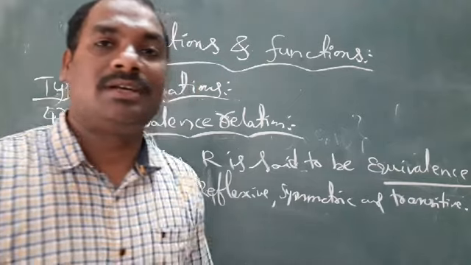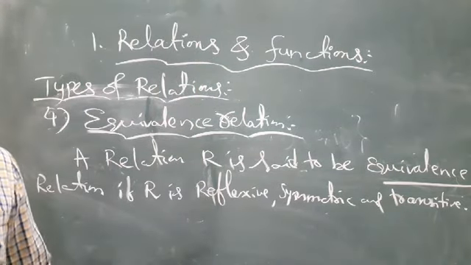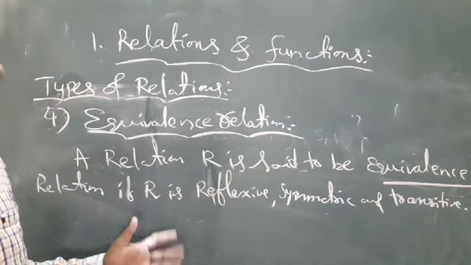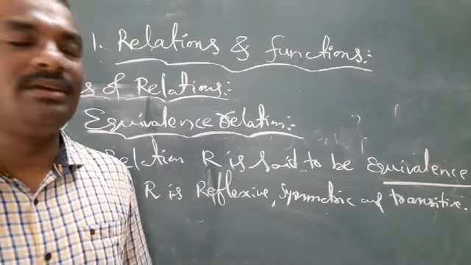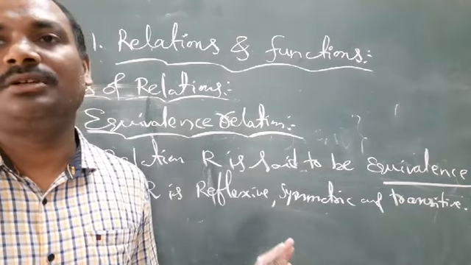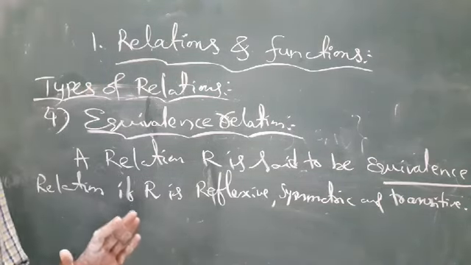Simple. We proved reflexive, okay, we proved symmetric, we proved transitive, then automatically equivalence relation we have also proved.